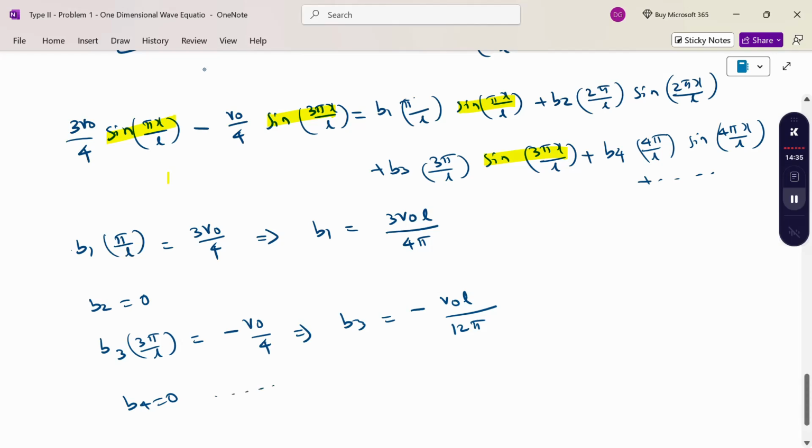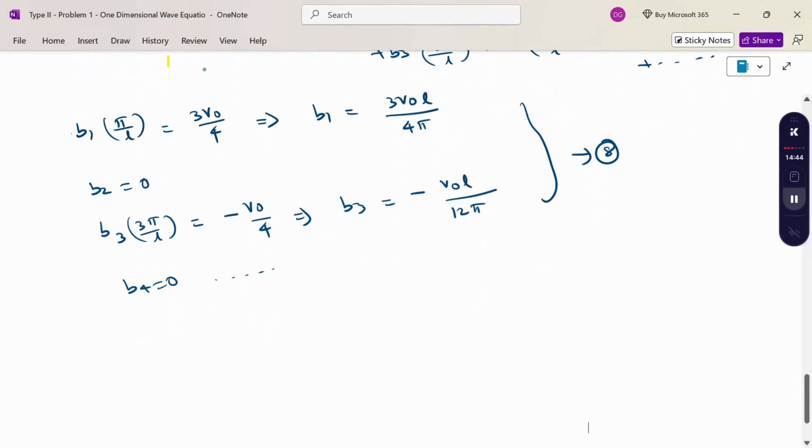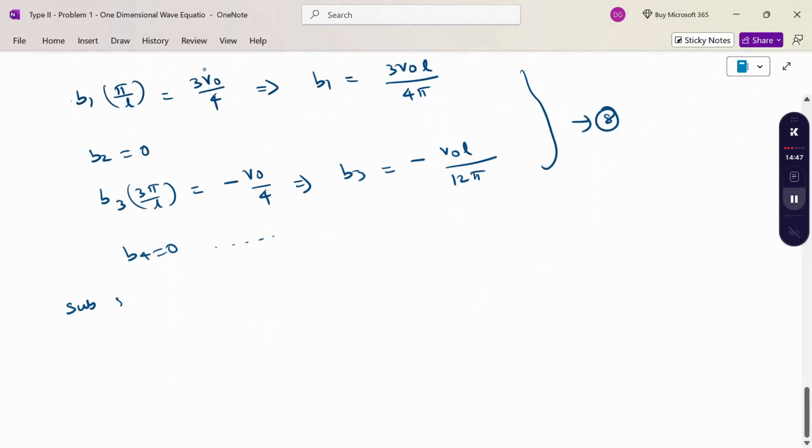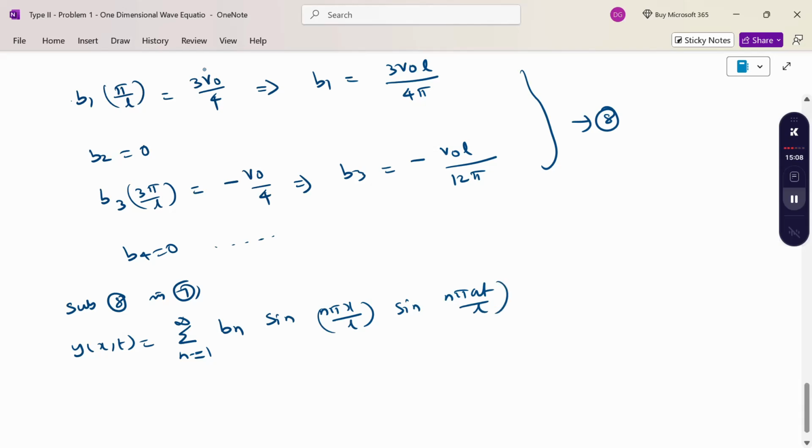Now I substitute these values; this is the 8th equation. Substitute the 8th equation in the 7th. What is the 7th equation? y(x,t) equals the sum from n equals 1 to infinity of bn sin(n pi x by L) sin(n pi at by L).